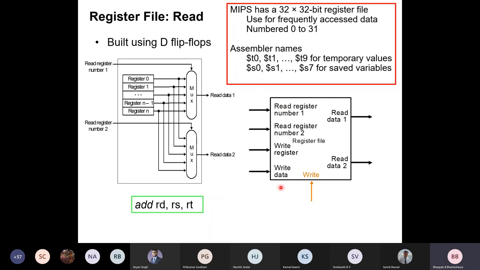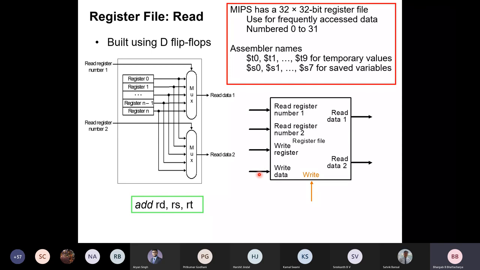In this box, there is a write enable line we have just discussed. In order to write to the register, this line should be made 1. This is the read register number 1, the 5-bit ID for register 1. This is the 5-bit ID for register number 2. If you want to write to the register, there are data lines here, and this is the write data line.